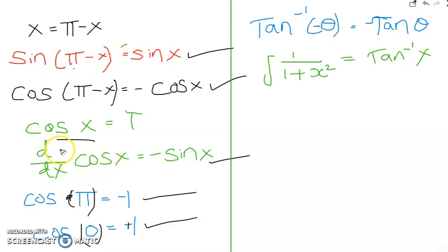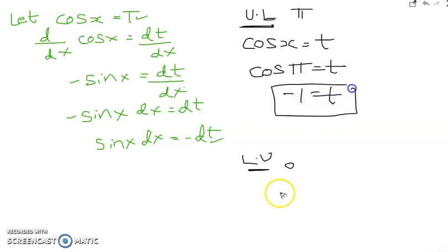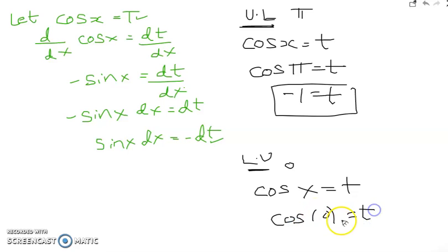The value of cos pi is minus 1. Minus 1 is equal to t. T value we have got, minus 1. In the same way, the lower limit. We have taken cos x is equal to t, no? Cos of 0 is equal to t. Cos 0 is what? 1. Upper limit is minus 1 and lower limit is plus 1.